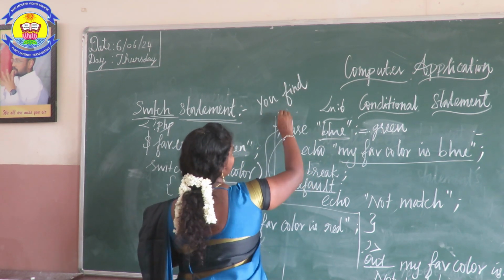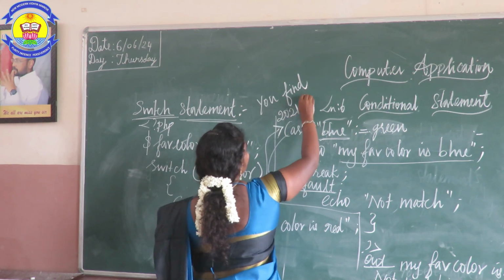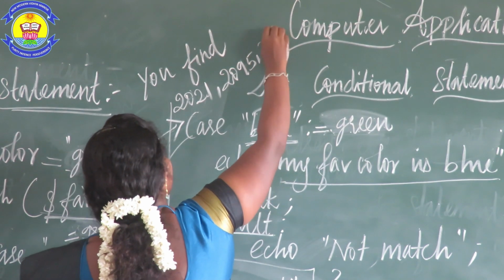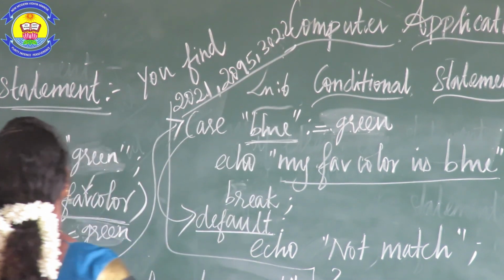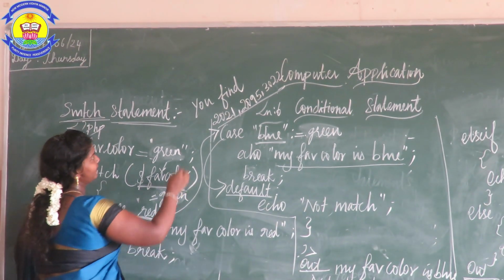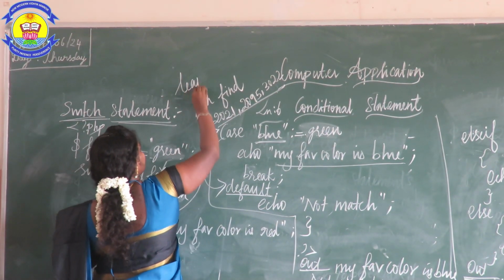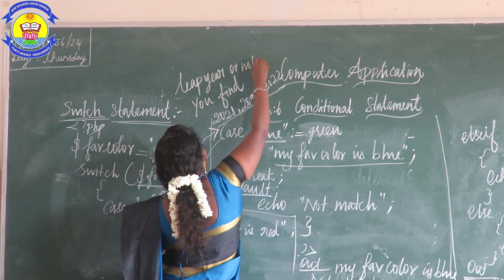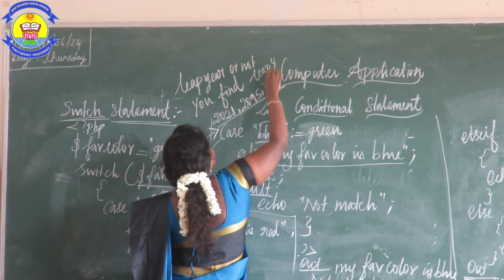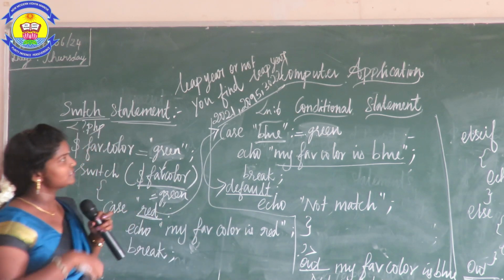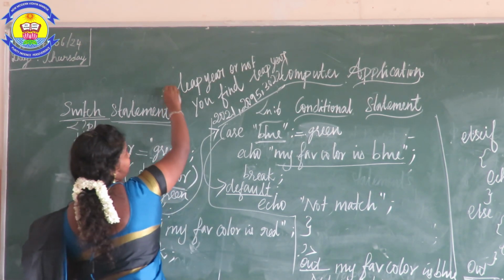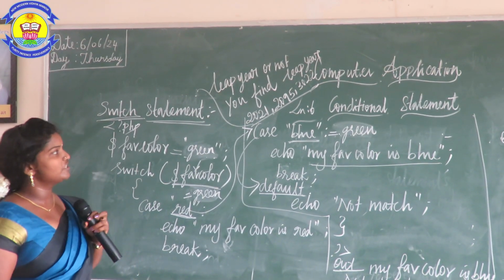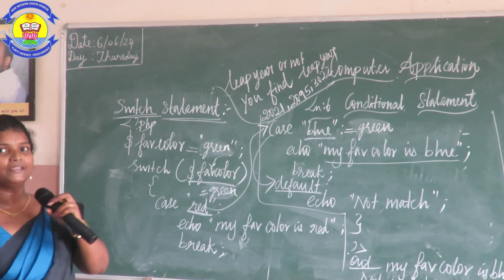I'm giving three years: 2021, 2095, and 3022. For these three years, check whether each is a leap year or not a leap year. Okay, just practice this question. Check whether these numbers are leap years or not.